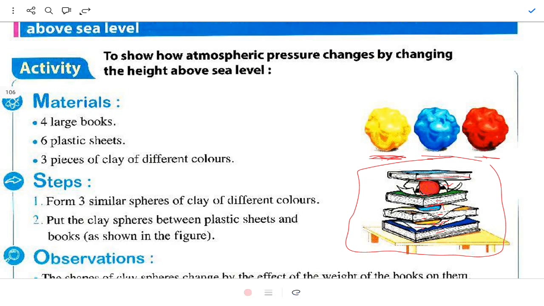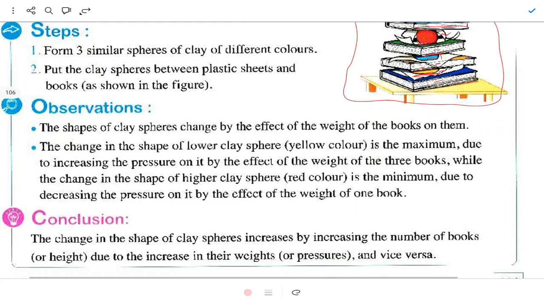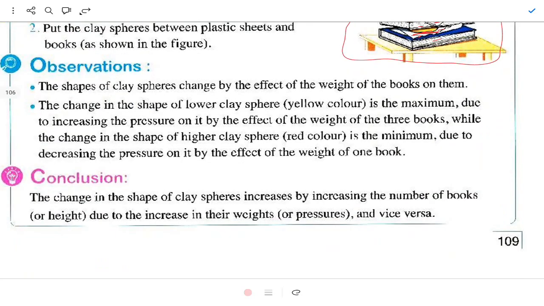So the conclusion is that the change in the shape of the clay spheres increases by increasing the number of books, or height in our atmospheric pressure, due to the increase in weight or pressure, and vice versa.